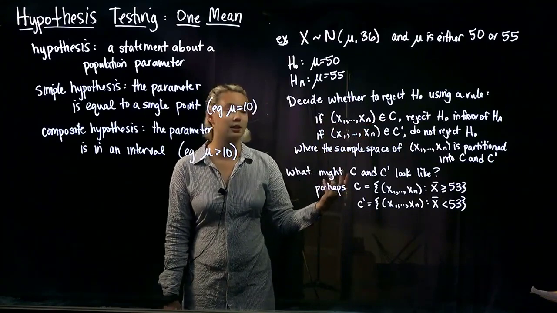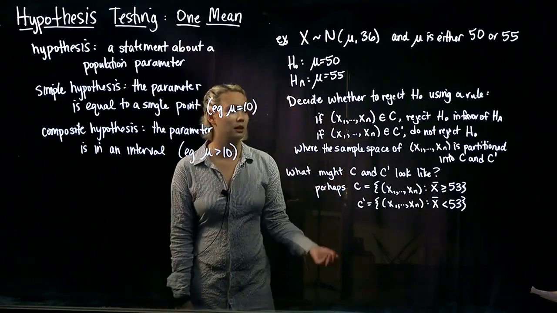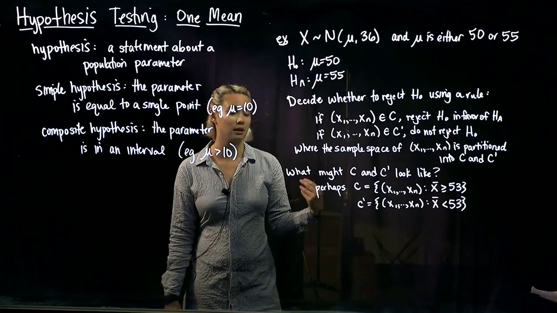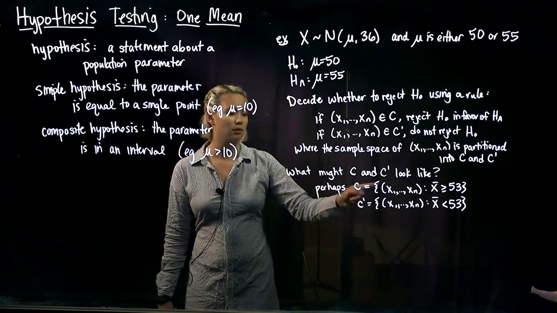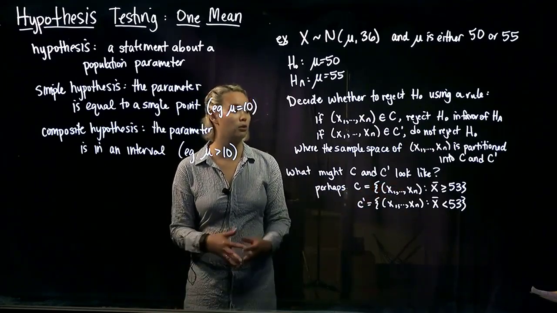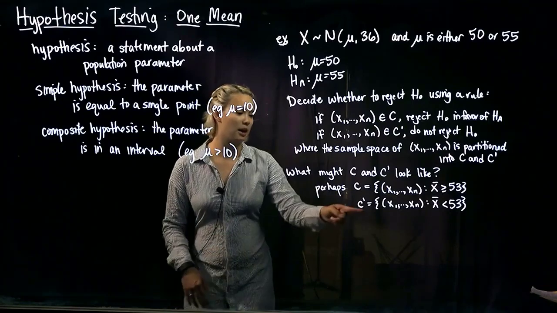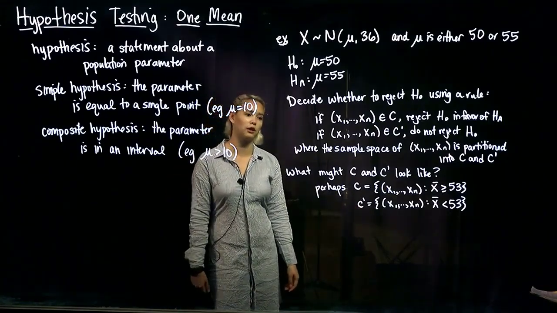So maybe our test statistic, since we're talking about one population mean, would be the sample mean x bar. So maybe C would be the set of all x1 through xn such that x bar is greater than or equal to 53, and C prime would be the set of all x1 through xn such that x bar is less than 53.